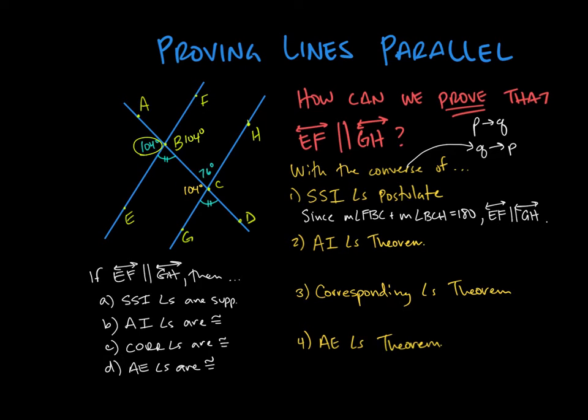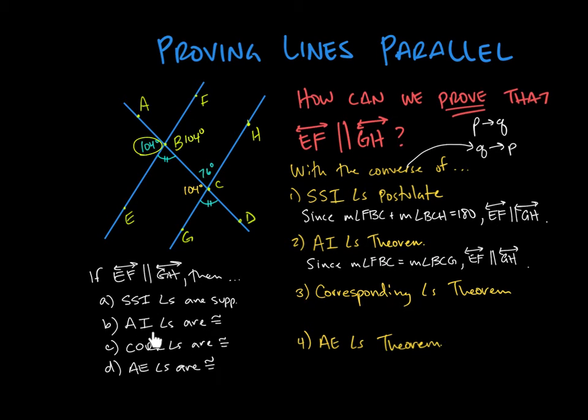So I can say, since the measure of angle FBC is equal to the measure of angle BCG, that would mean by the alternate interior angles theorem converse, those two lines must be parallel.